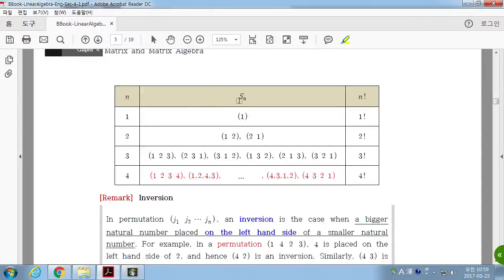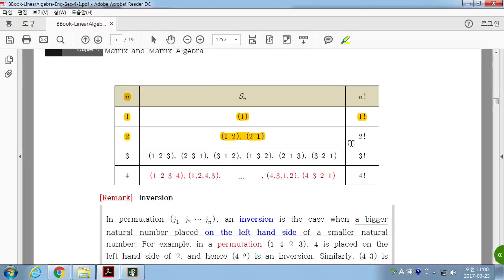Think about S1, when n is equal to 1. We have only one permutation, which sends 1 to 1. When n is equal to 2, S2 has two permutations. One sends 1 to 1 and 2 to 2. The other sends 1 to 2 and 2 to 1.